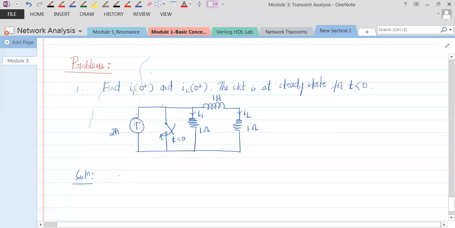Solution. From the symbol of the switch, everybody just take down this.